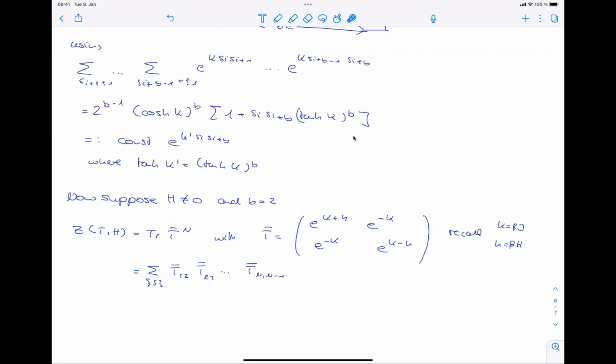But now, as we want to do spin blocking, we want to only sum out, say, spin 2.